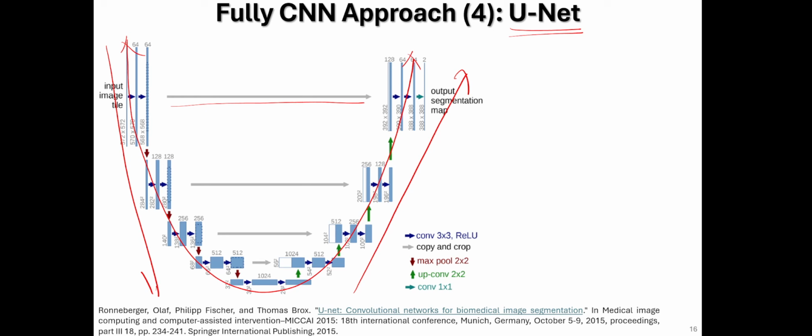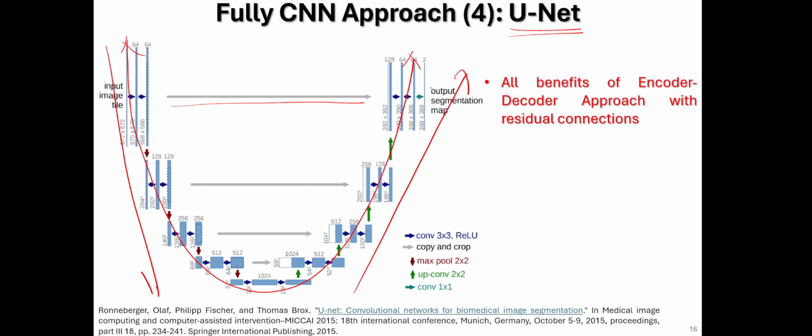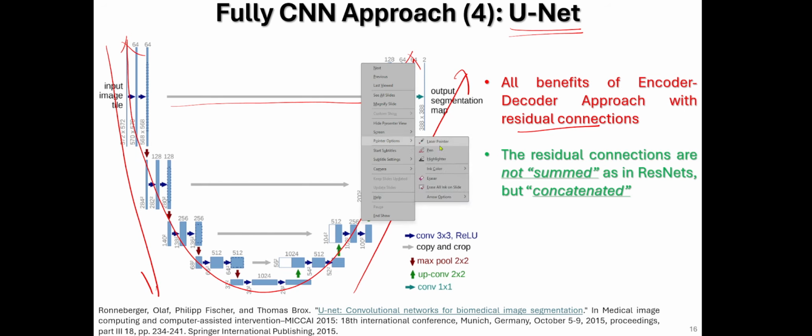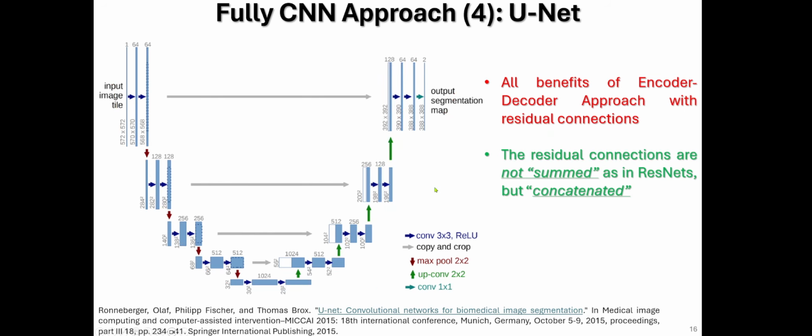So two things are happening here. One is all the benefits of the encoder decoder approach which we considered so far, but with residual connection. And in the residual connection, there is a slight difference here. In a typical residual connection, if you remember the ResNet architecture, there are these layers coming up, and then you have a skip connection, but you have a summing operation which is happening.